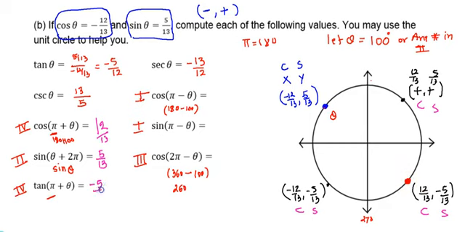So negative 5 over 12. First quadrant, everybody positive, the same answer, but positive. Sine is already positive. In the first and second quadrants, sine is always positive. And the third quadrant is negative.